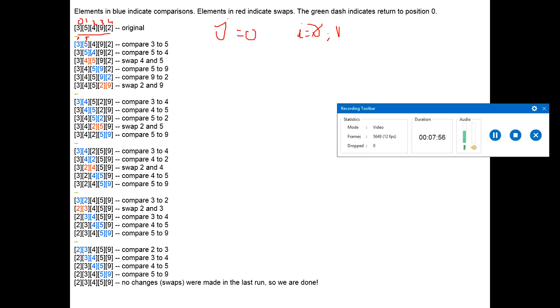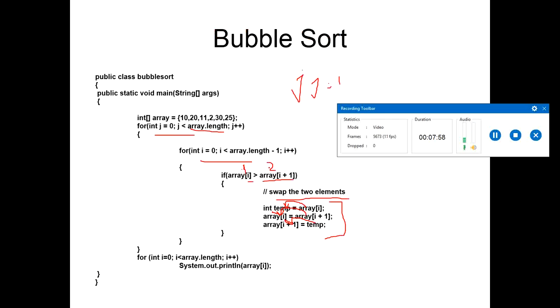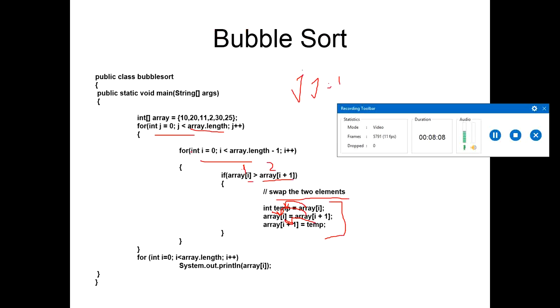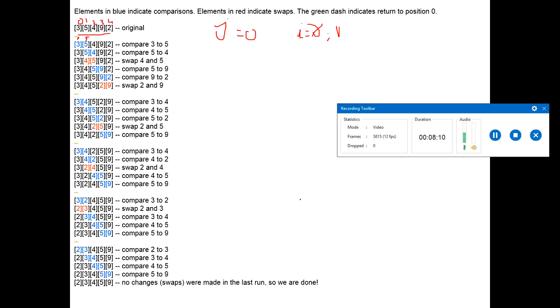Now 5 is compared with 4. Is A[i] greater than A[i+1]? Yes, it is. So we swap these two elements, and 4 takes the position of 5 and 5 goes to the position of 4.